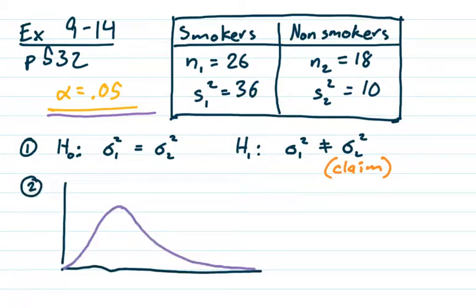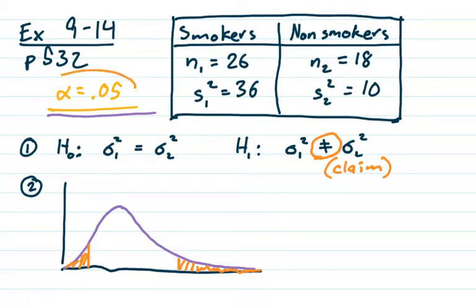Okay, step two is we will sketch the distribution and draw the critical region and then find our critical values. So here, this is a two-tailed test because we're claiming simply that they're not equal, that there is some difference.